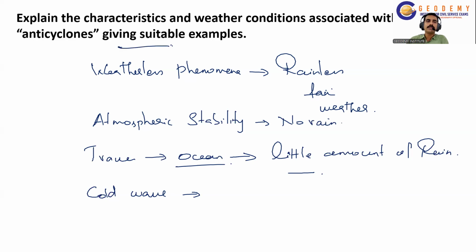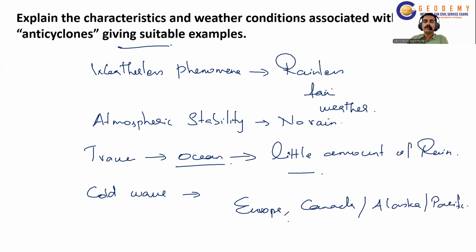Suitable examples they have asked. Mostly the anticyclonic conditions develop over the European region and the nearby Atlantic Ocean, Canada, the Alaska region, and the nearby northern Pacific Ocean, nearer to the cold temperate and subpolar regions. In these regions, they originate in the winter or in the summer season.